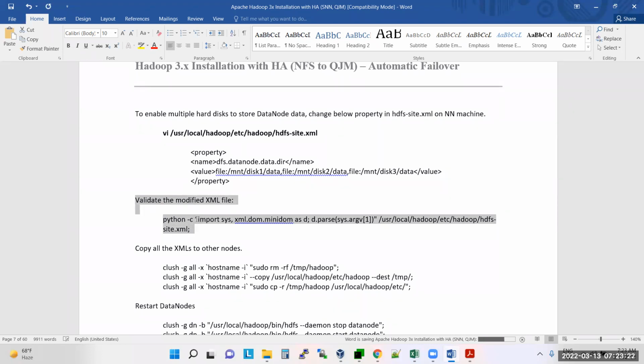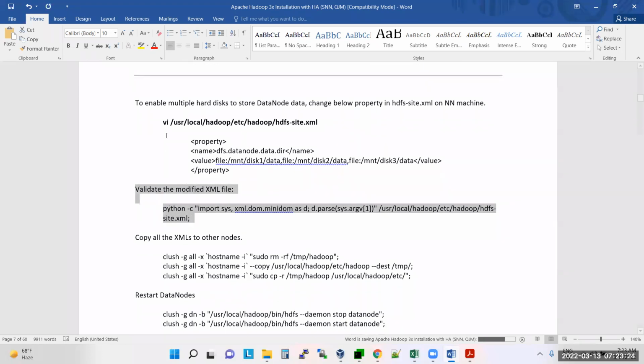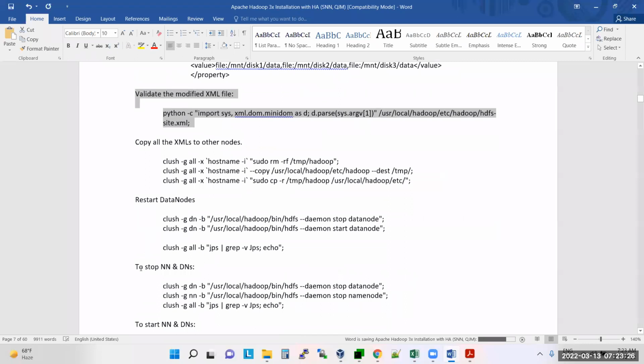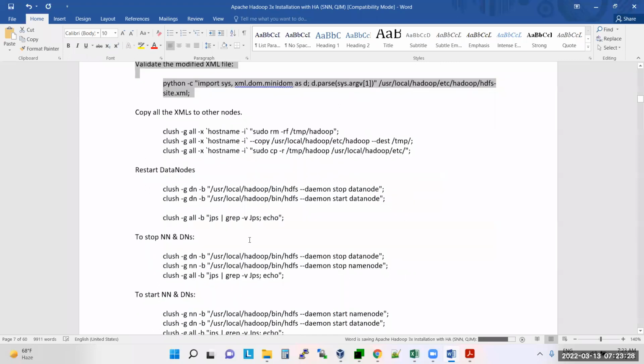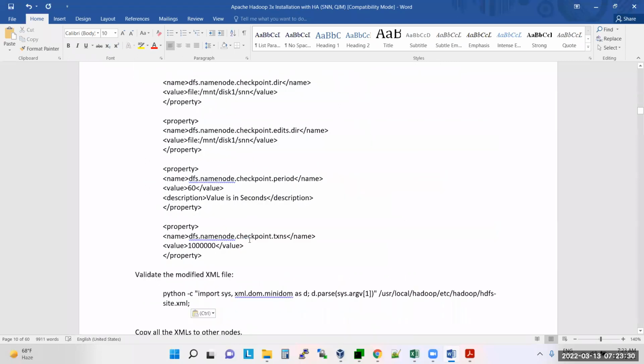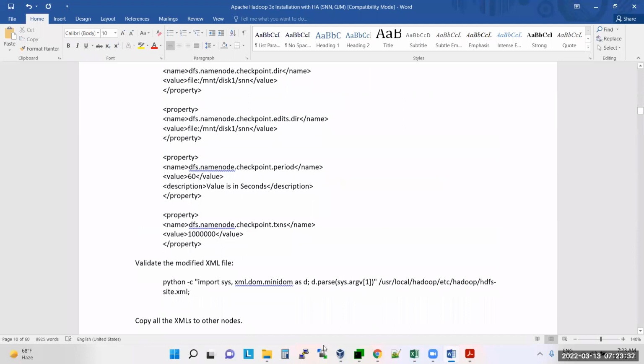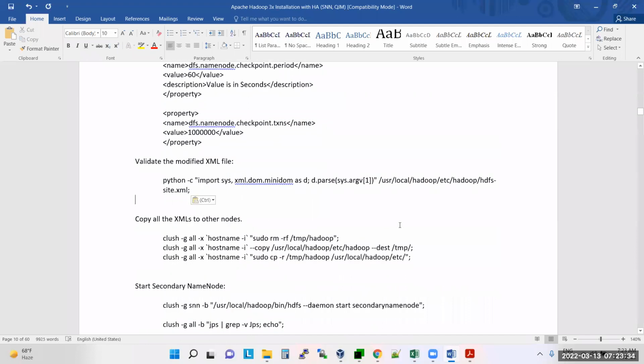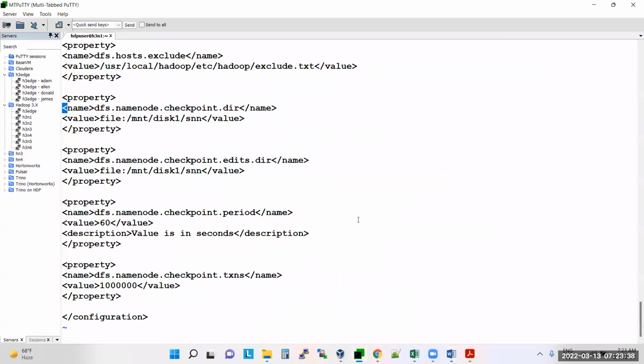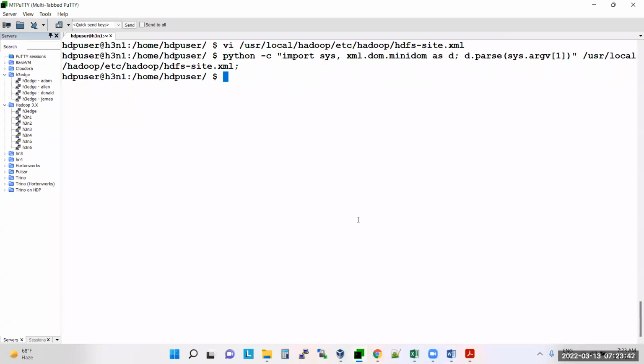I will add this point here also. After making these changes, one step I'll add, like validate XML. This itself will tell you if there's any error. If the output is empty, it means it is fine. Shall we add something like this?